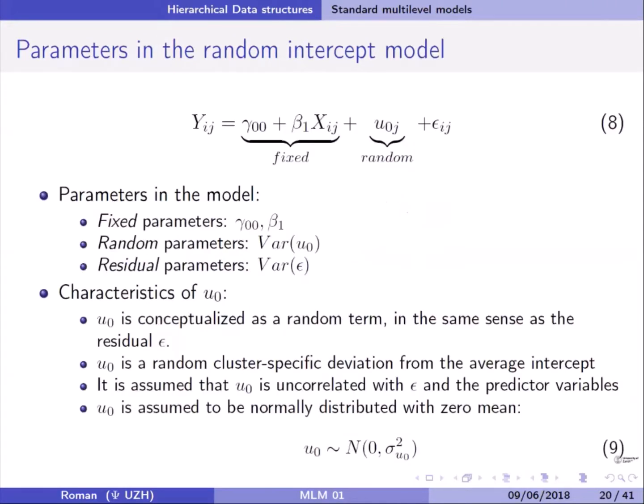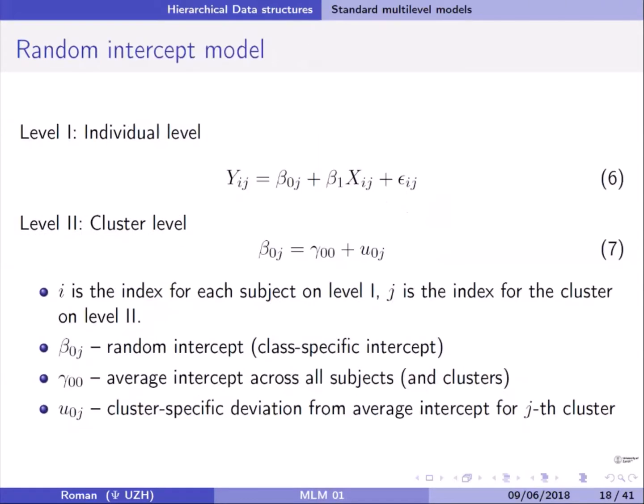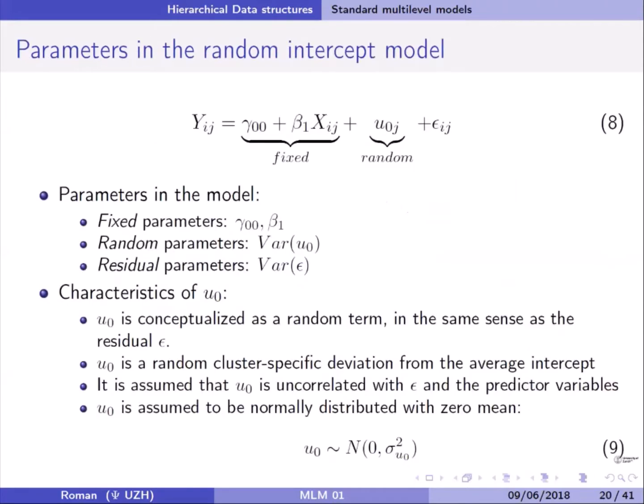Now let's look at what the model looks like via substitution. So taking this formula and substituting these two terms in here for B0J results in the full formula. So this is the one formula that represents both levels. So we're now going to make a distinction here between something called fixed and random effects.